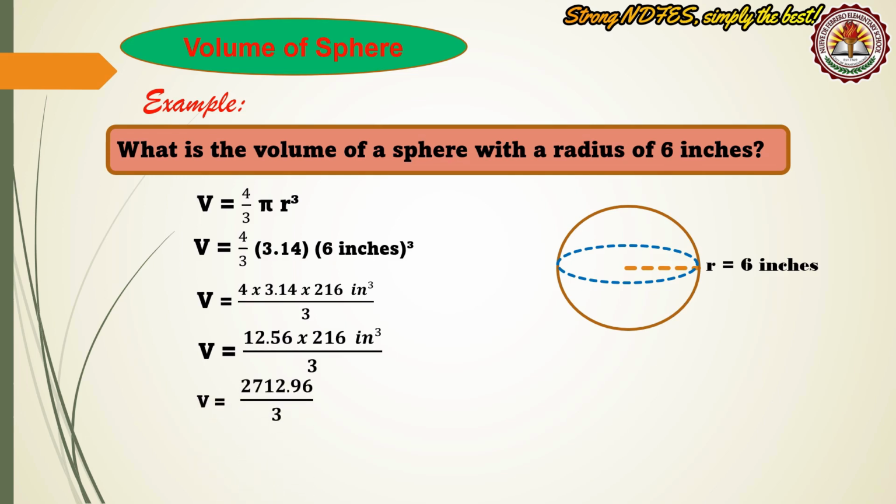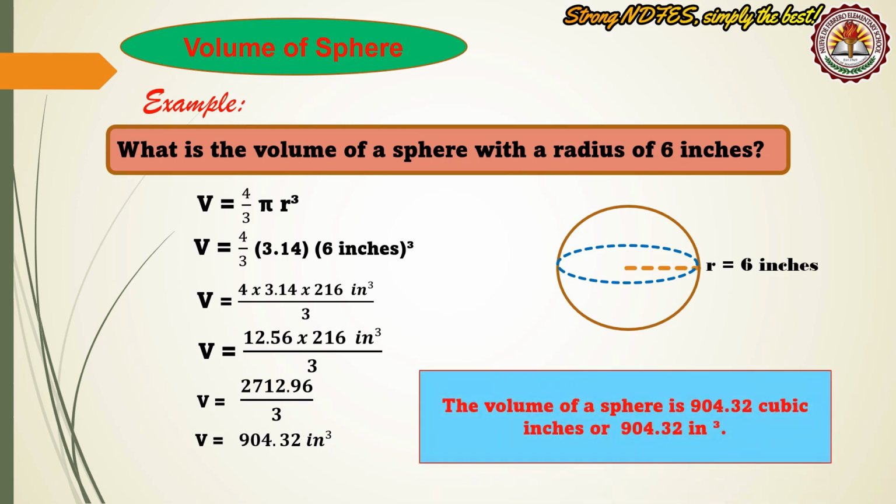So the product is 2,712.96 over 3. Finally, after dividing 2,712.96 by 3, we will arrive at 904.32 cubic inches. Therefore, the volume of the sphere is 904.32 cubic inches.